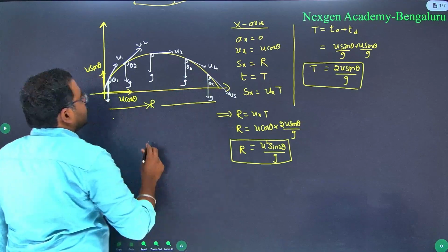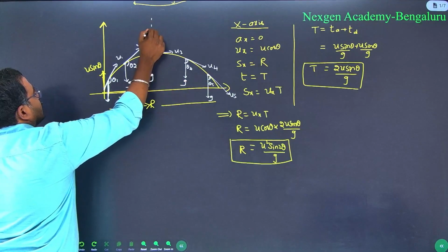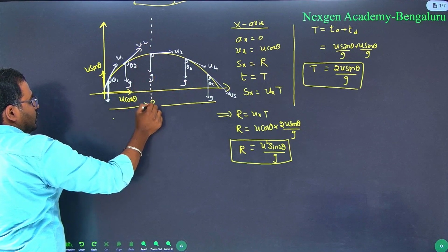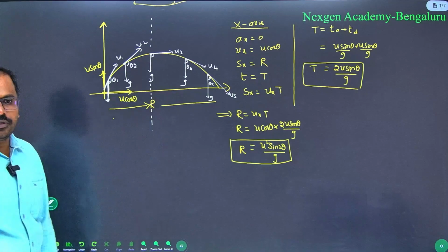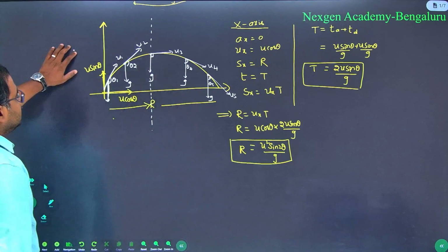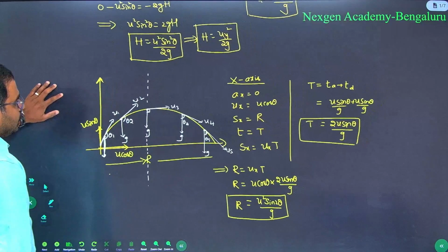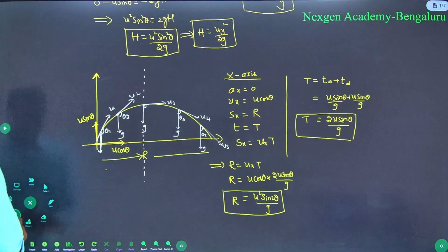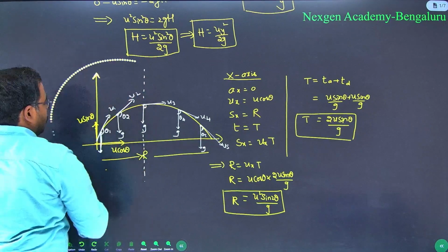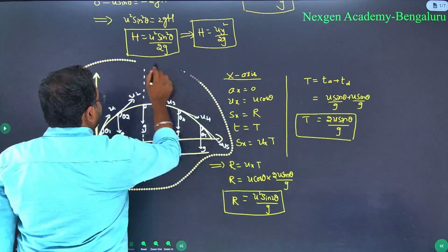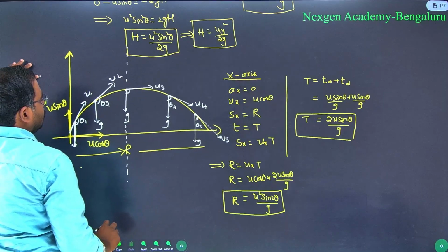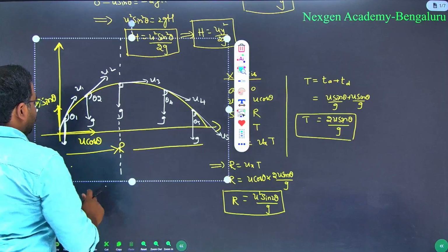Now if you observe, in the first half, velocity and the acceleration angle is more than 90 degrees.